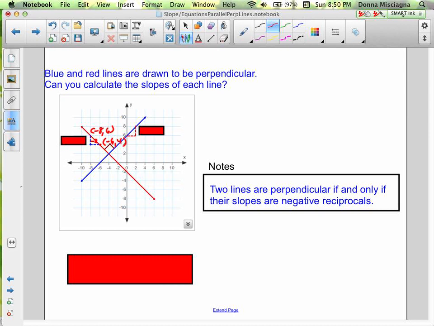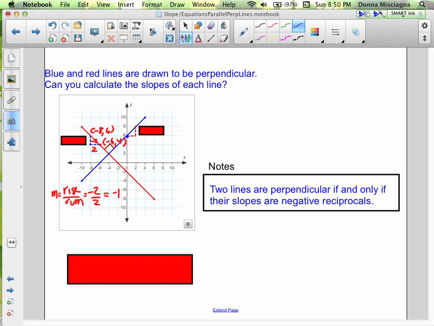And then a run, from -8 to -6, that would be +2. So for the red line, the rise over the run, which is our slope, is going to be -2 divided by 2, which is -1.